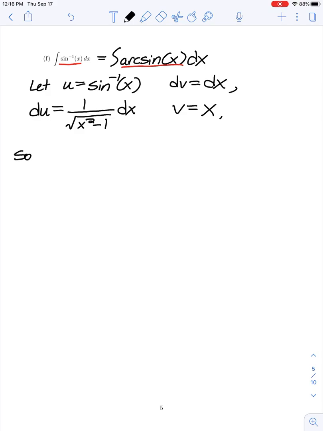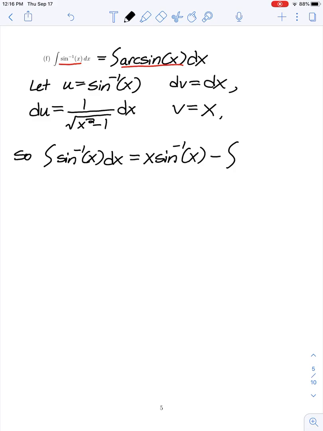So applying our integration by parts formula, the integral of arc sine of x dx would be equal to u times v. So here we have x times arc sine of x minus the integral of v times du.